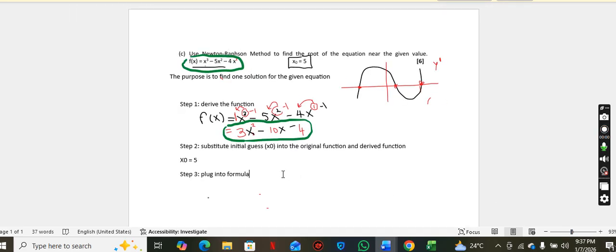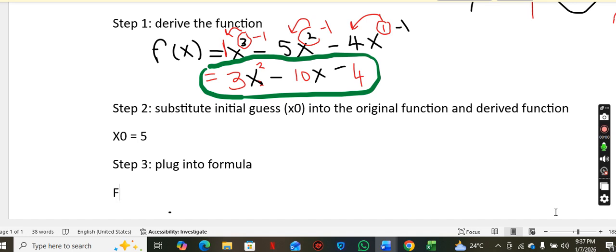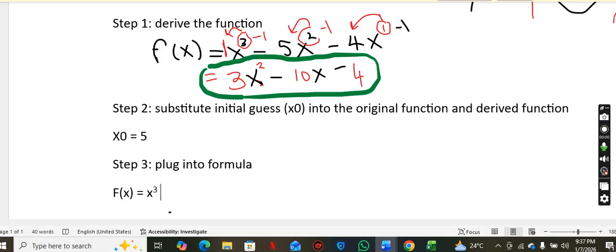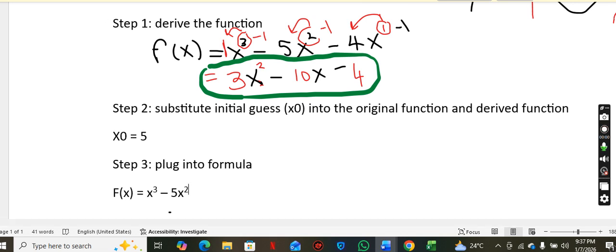So we're going to say f of x, the original function, equals x cubed minus 5x squared minus 4x.